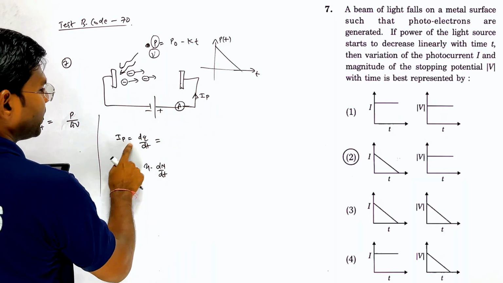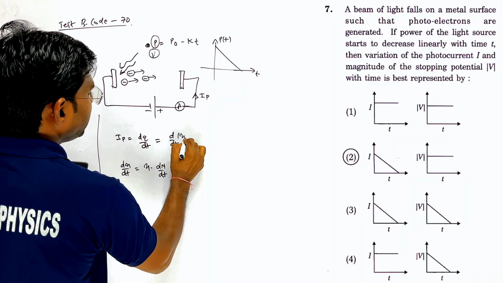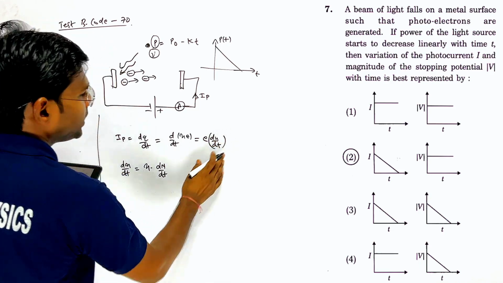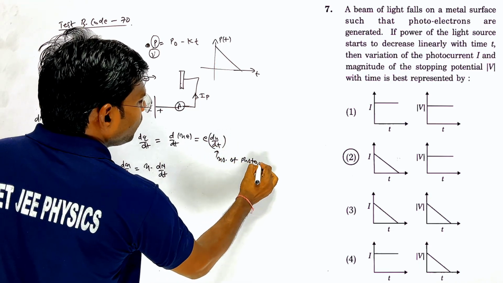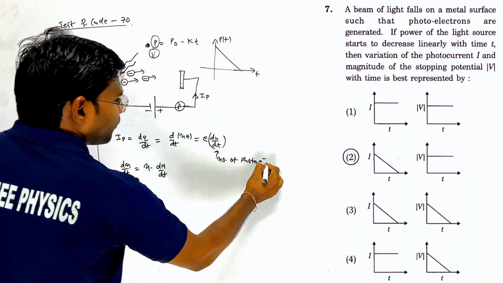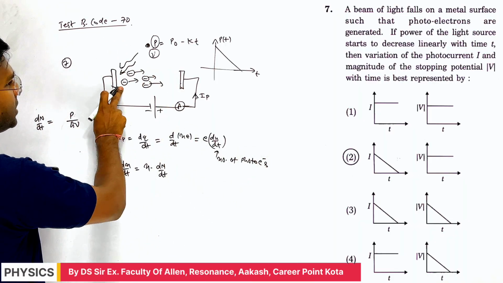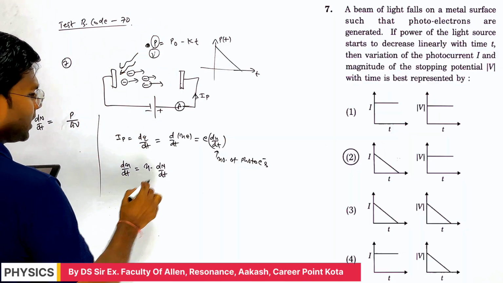What is the photoelectric current? Ip is equal to dq upon dt, and q is n into e, so e into dn upon dt. What is dn upon dt? These are the number of photoelectrons. How many photoelectrons per unit second are reaching depends upon the number of photons incident on the plate.